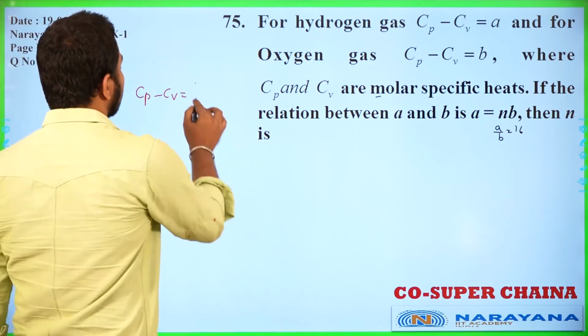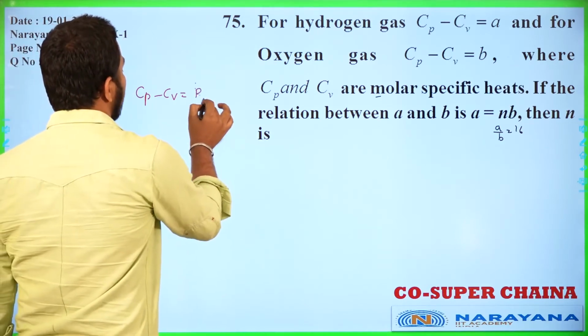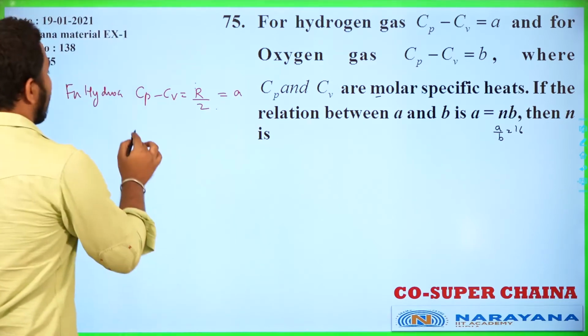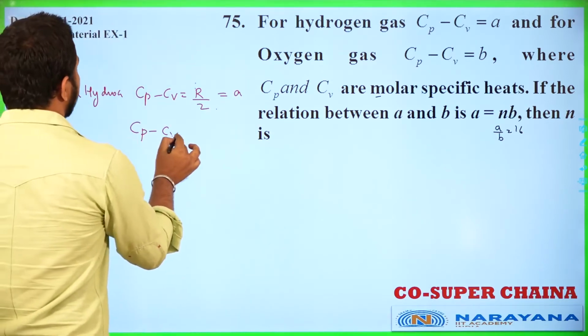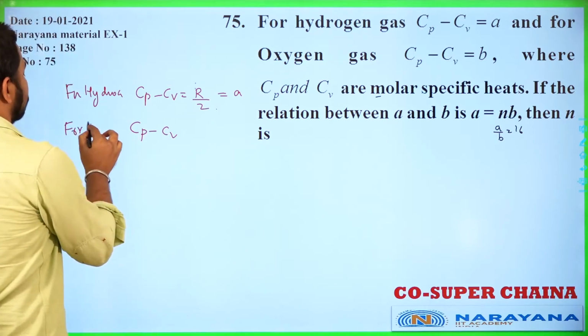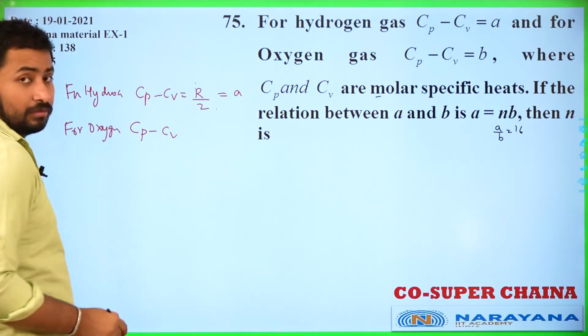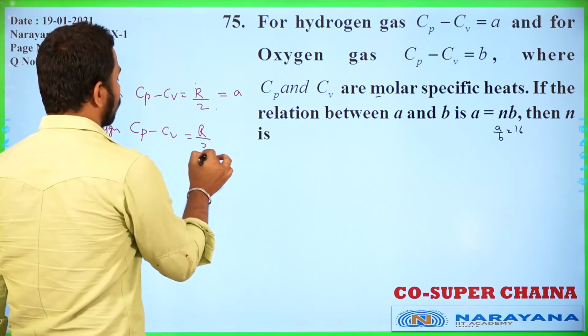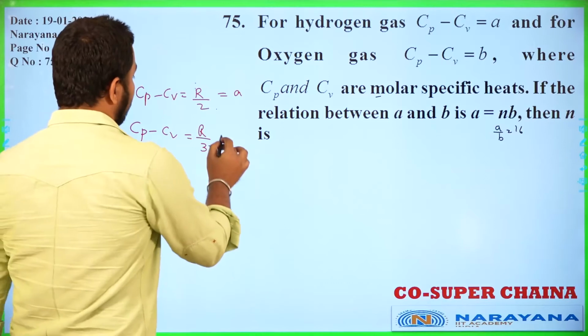So for hydrogen we can write the value as R by 2. Okay, and this is denoted as A. And similarly Cp minus Cv for oxygen, here, student, we can write the values as R by 32. Molecular weight we are dividing it here.